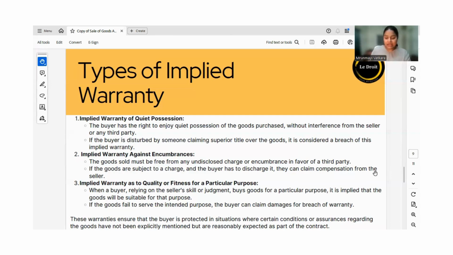So in this case, the new buyer, while buying the goods and making the payments, is protected by this implied warranty and can claim damages.